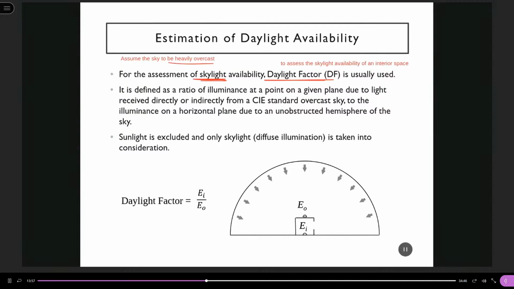Okay, so the brightness for heavily overcast sky will depend on the elevation or solar altitude angle, but not on the orientation.